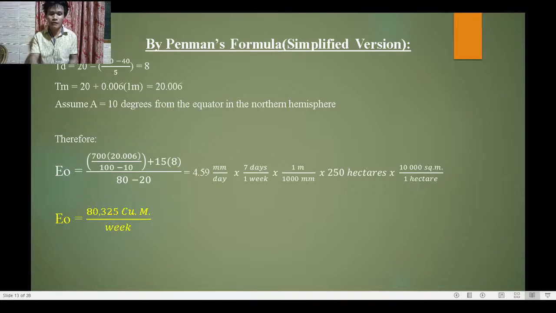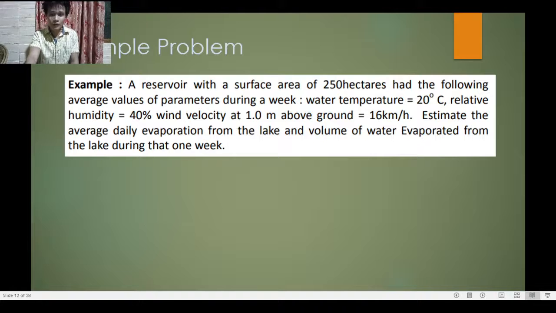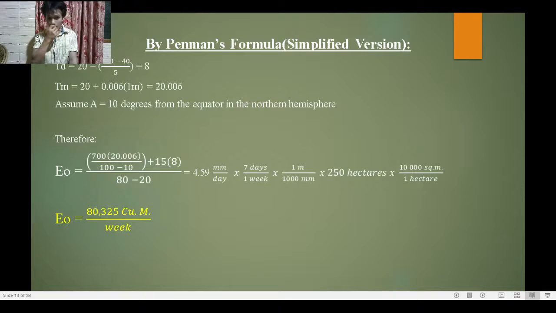Since the problem asks for water evaporated from the lake during that 1 week, we convert. Converting 4.59 millimeters per day, we get 80,225 cubic meters per week, which is the evaporated volume.